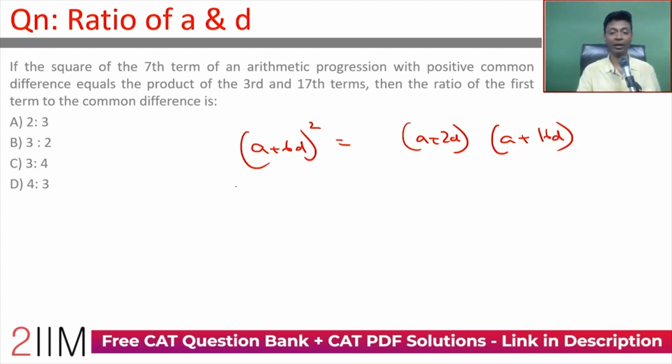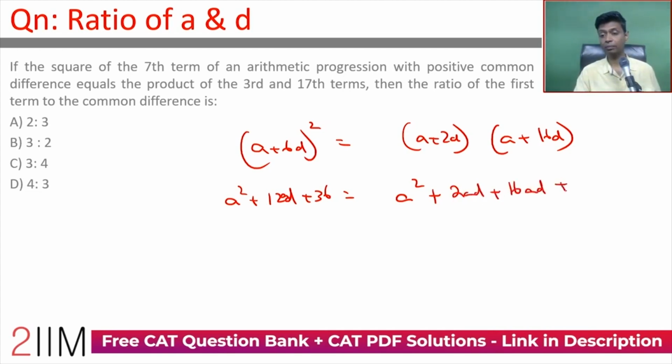Then we need to find a by d. a square plus 12ad plus 36d square equals a square plus 2ad plus 16ad plus 32d square.